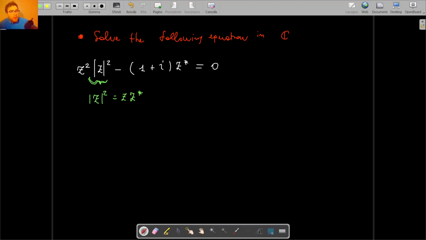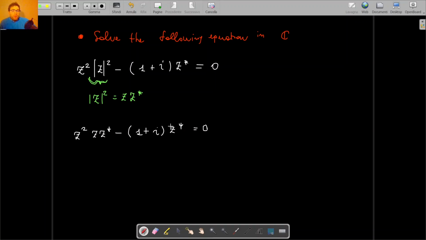Then we can rearrange the equation in the following way. We have z squared, which multiplies z times z star, minus 1 plus i, which multiplies z star, and this whole expression is equal to 0.